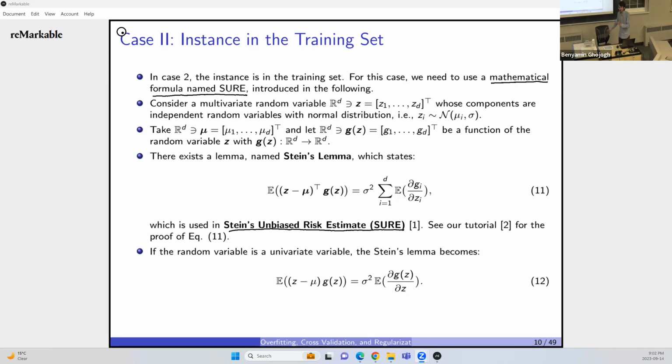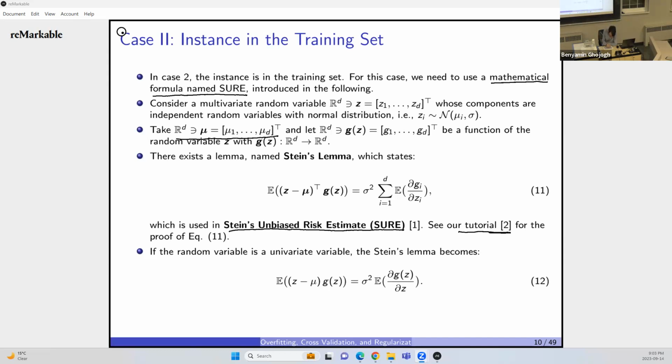It's a concept from statistics. For more information on SURE, see our tutorial 2, which is the theory behind overfitting, cross-validation, regularization, and bagging and boosting. Here in this slide, I'm going to tell you about Stein's lemma for SURE. What is that?